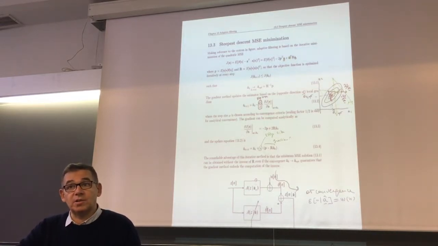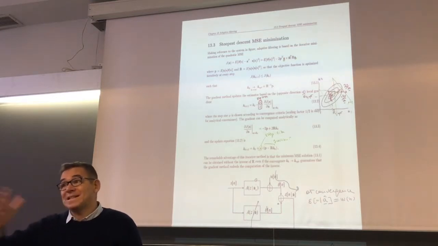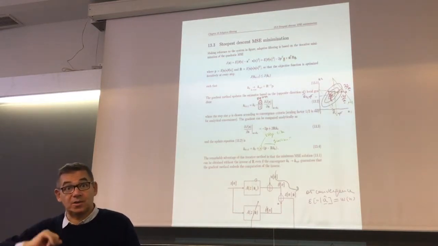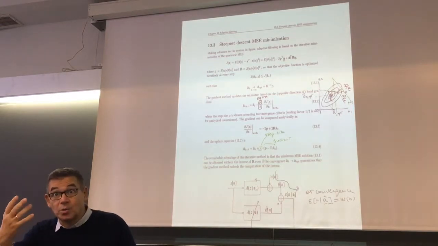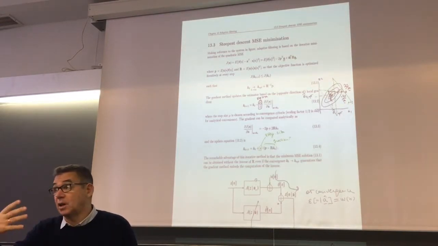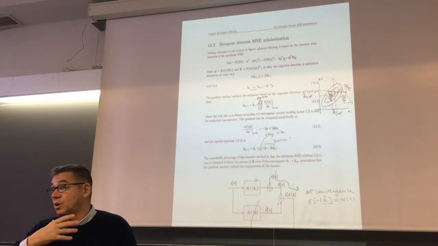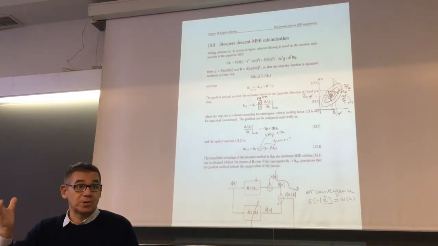If I need to calculate A0 every millisecond, or every half a millisecond, the cost of inverting the matrix R, of the order of n cubed, might be too complicated or almost impossible.